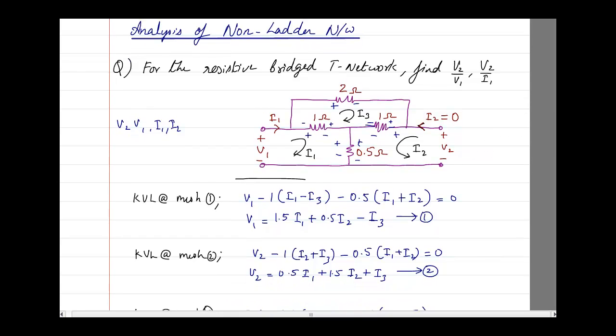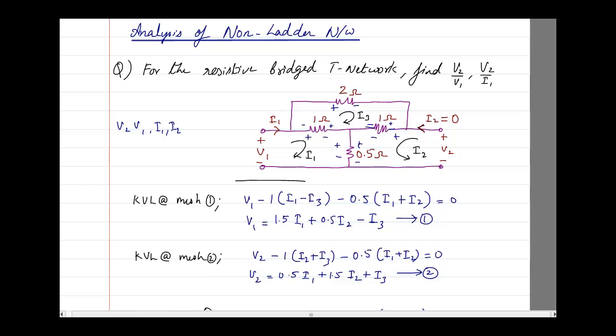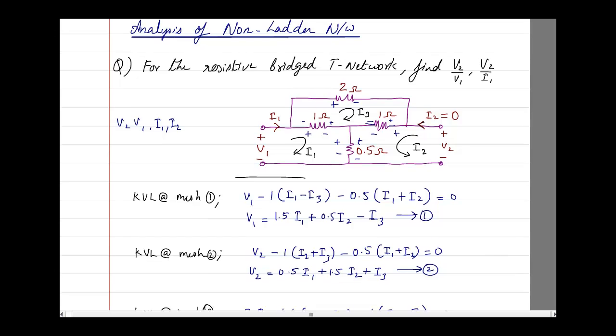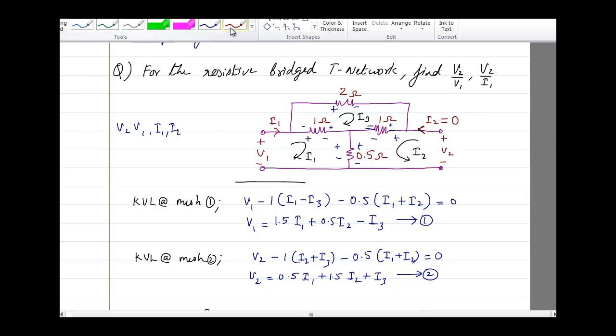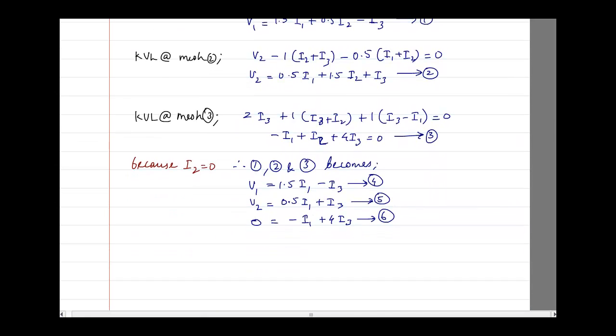Anyway, we can only find V1 and V2 by I1 here. There is no I2 thing we can find out. Let me write that. We can find even V1 by I1. Why? Because here I2 is going to be taken as 0.